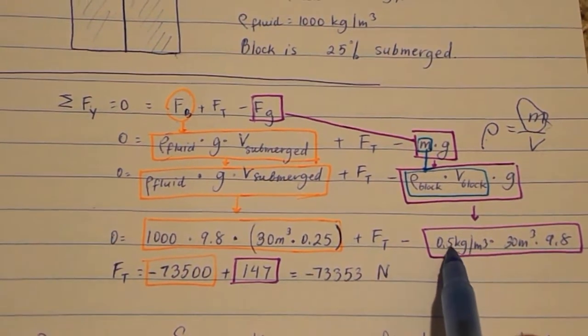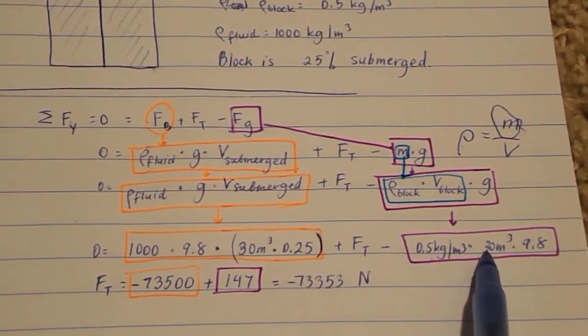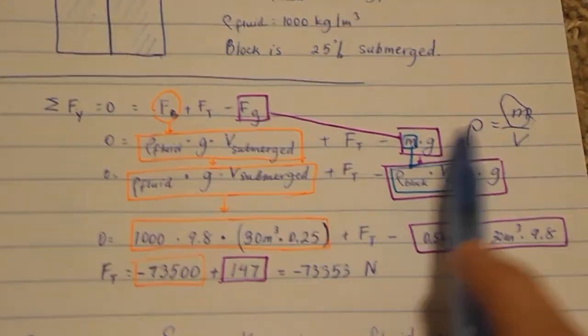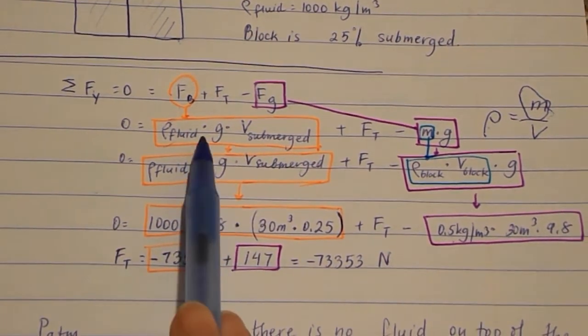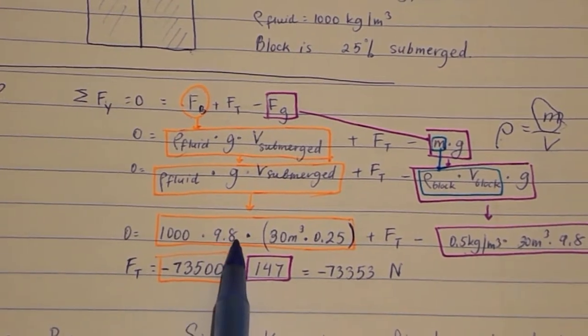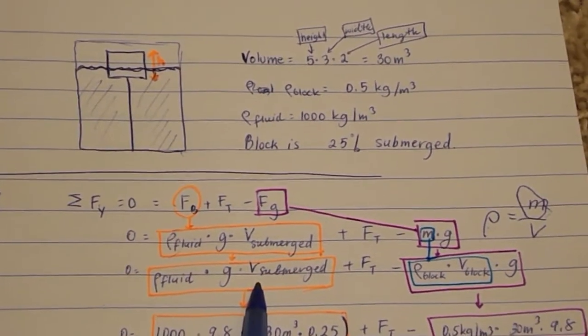So the density of the block is 0.5 and the volume of the block is 30 meters cubed times g. That will give us the gravitational force. And the buoyancy force is the density of the fluid, 1000, times 9.8 times the volume submerged. The total volume is 30, right?